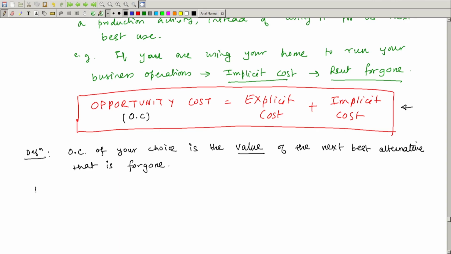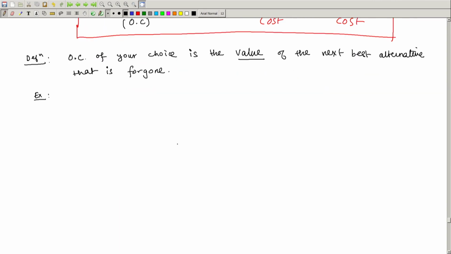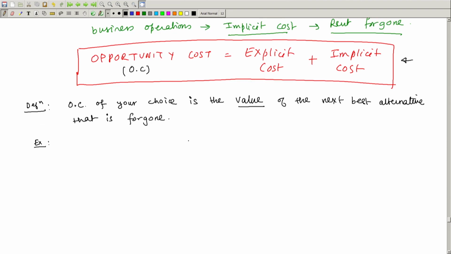So, let us take an example. Suppose you are starting a business. For this, you need to employ labor and capital. And I am just going to give numbers for easy arithmetic. So, let us say the cost is 100 for labor and the cost of capital is 80. This could even mean raw materials as well, capital or raw materials.